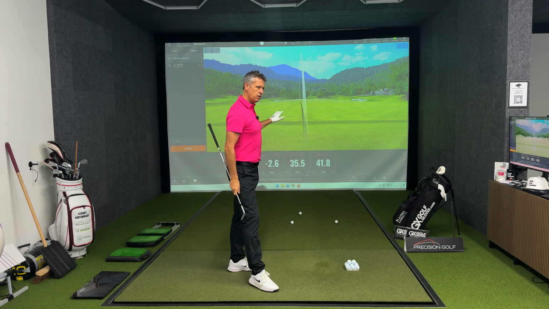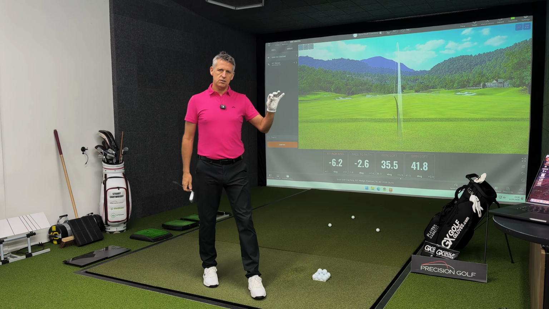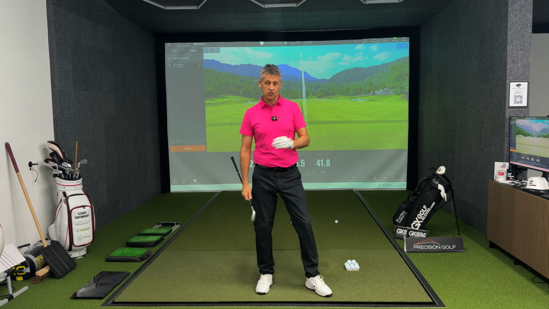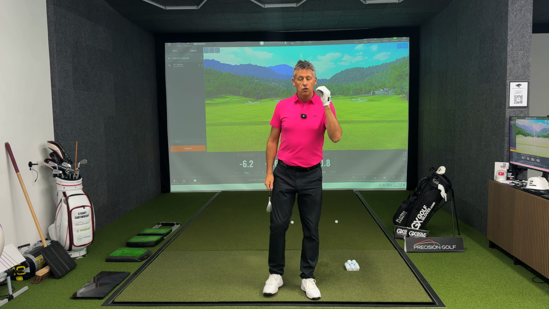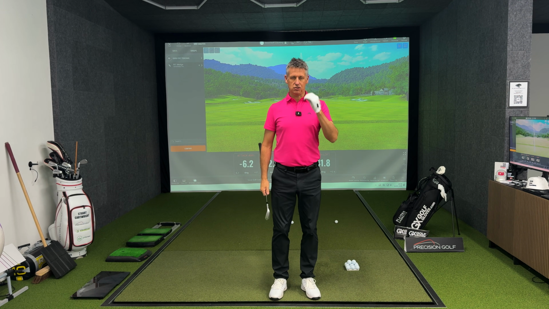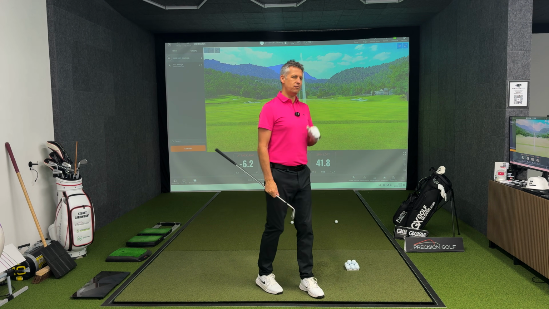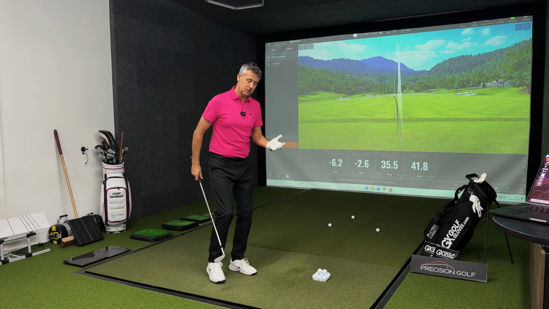That dynamic loft figure is the equivalent to the ball suddenly having more speed and less speed for the same club head speed. So if I had club head speed of 70 miles an hour and then I had three different dynamic loft figures, the ball would go a different distance.